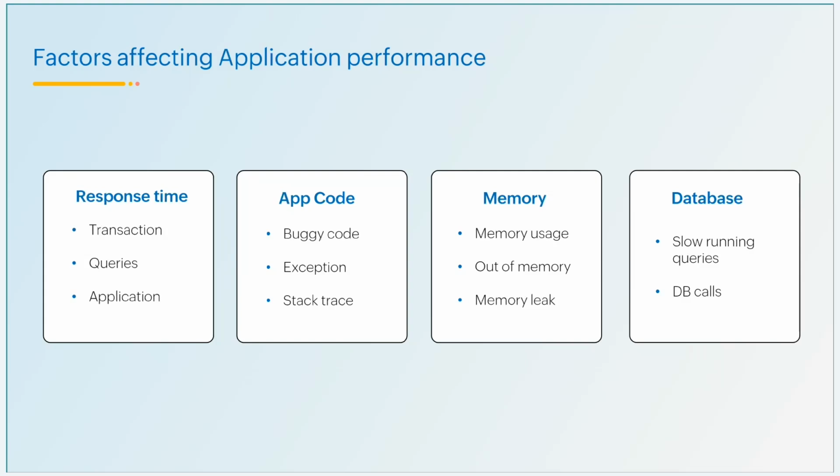Hence, monitoring and optimizing these factors is essential for maintaining good application performance. Various monitoring solutions can help to identify and address the performance issues in each of these areas. Also, regular performance testing and tuning are essential for ensuring the application runs smoothly.